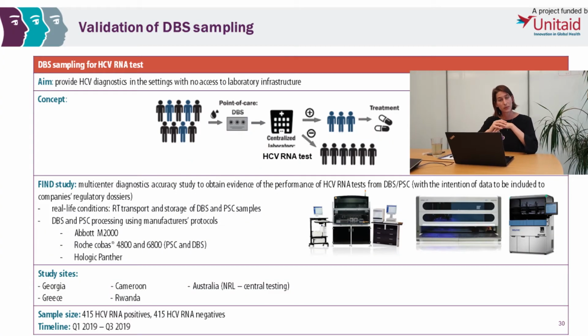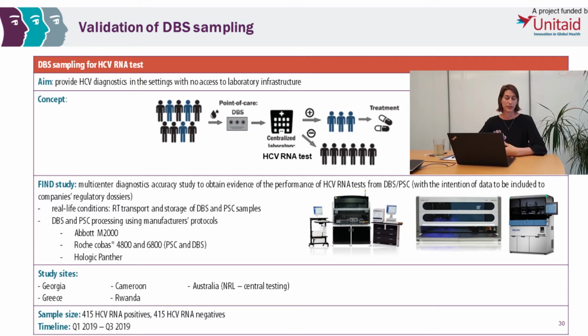So a little bit more on dried blood spot. In order to ensure that the manufacturer protocol for dried blood spot collection and testing is accurate and validated, FIND is conducting a multicenter diagnostic accuracy study. And we are looking at the performance of DBS on Abbott M2000, Roche 48 and 6800, and the Hologic Panther.